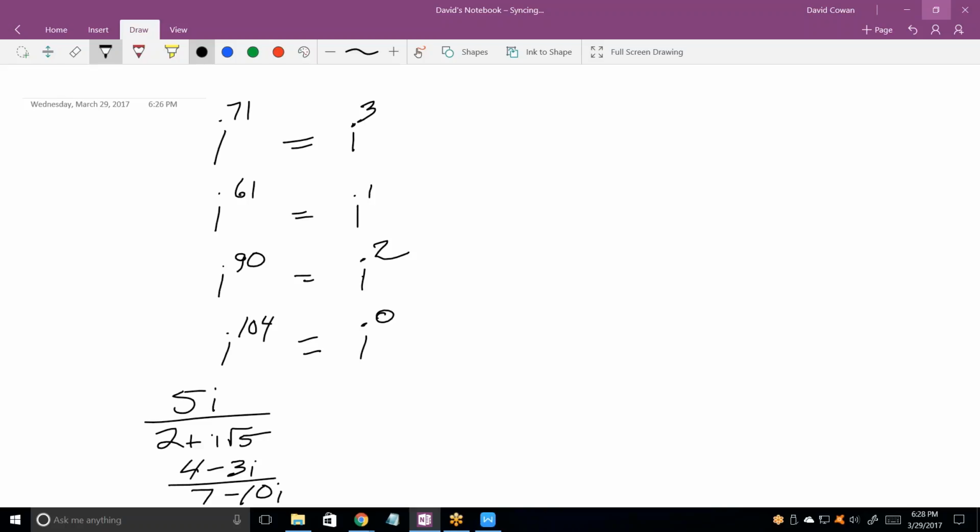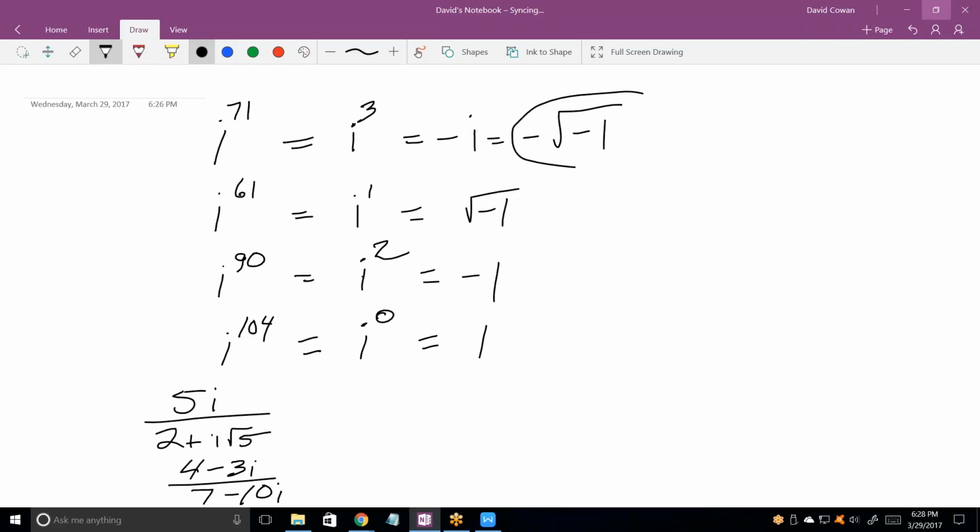In other words, if I divide this by 4, I get a 0 remainder. Now, i to the 0 is the same as i to the 4th. Anything to the 0th power is 1, which happens to be also i to the 4th. i squared is -1. i to the 1st is square root of -1. i to the 3rd is negative i, or negative square root of -1.